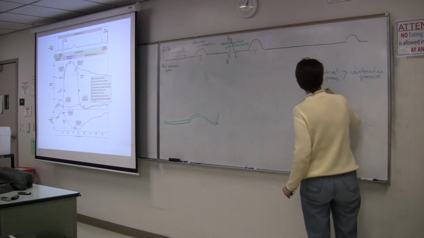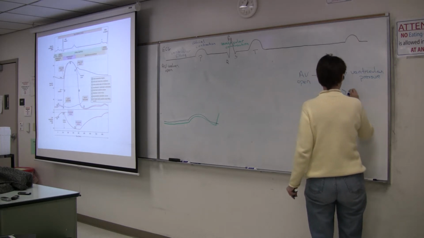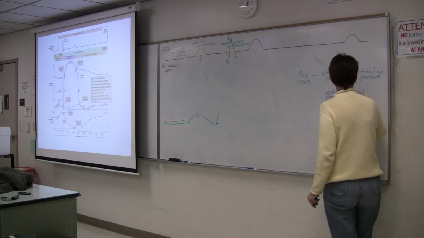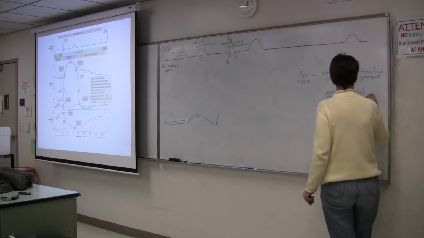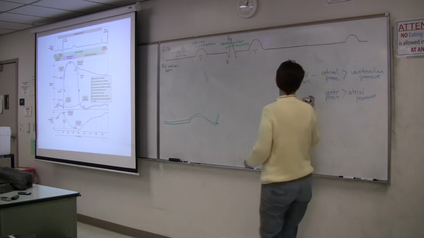Now let's reverse it. Ventricular pressure is greater than atrial pressure. What's going to happen to my AV valve? It's going to close.